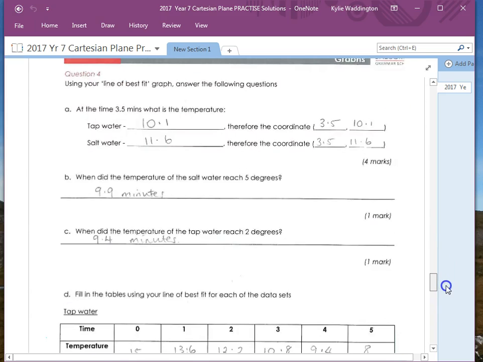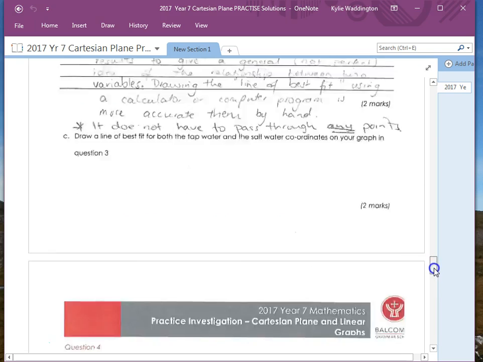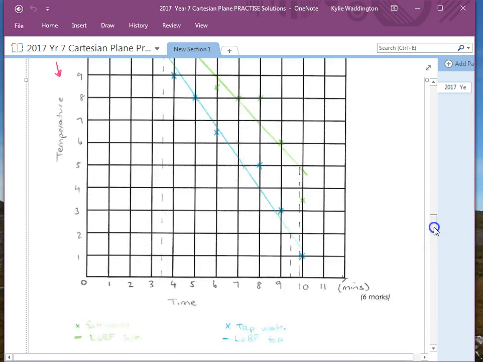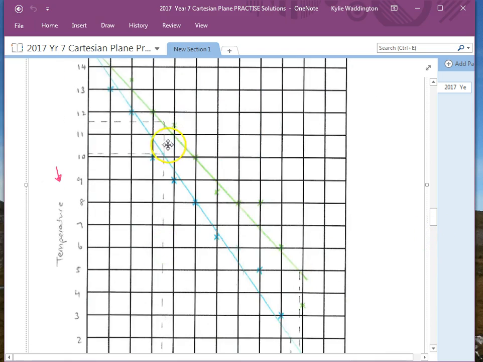We then, using our line of best fit, need to find what the temperature is at time 3.5. So if we go back up, you'll see that I've added a dotted line at 3.5 and gone up to both of my lines of best fit. I've used those to measure what temperature the tap water was at 3.5 minutes and what temperature the salt water was at 3.5 minutes.